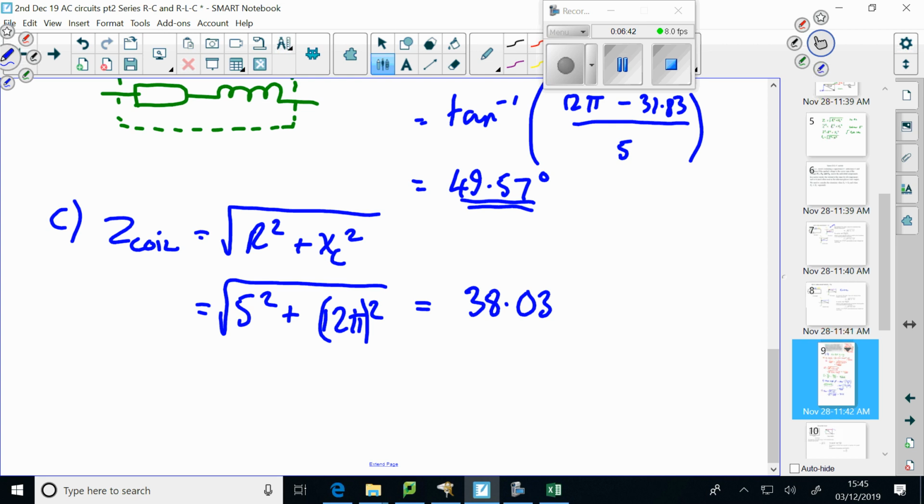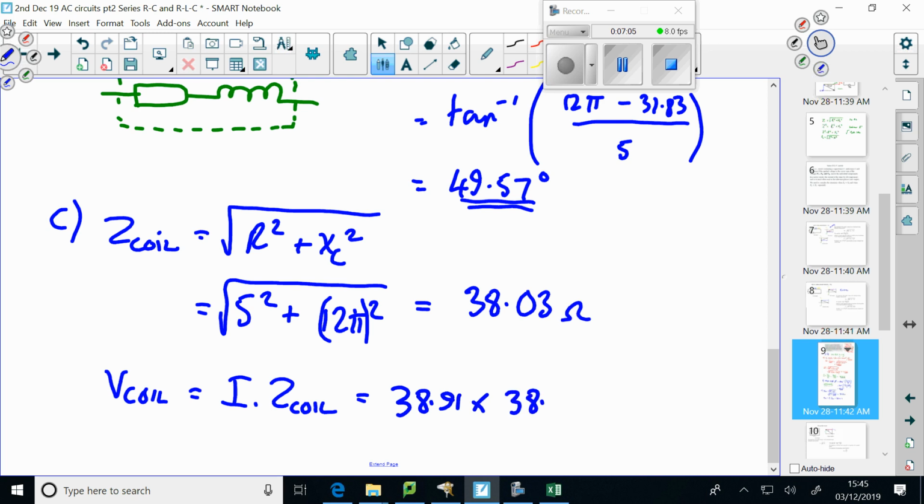Alright, so now V coil can be calculated from I times Z coil. The current we calculated at 38.91 amps, times 38.03 ohms equals 1480 volts.